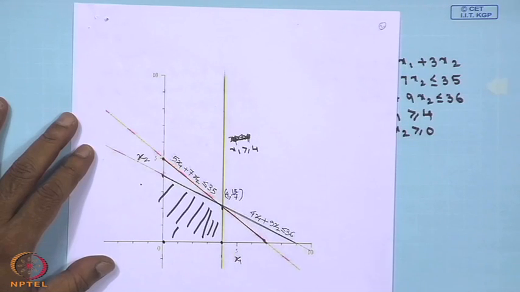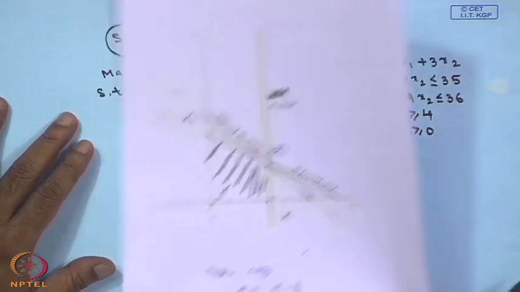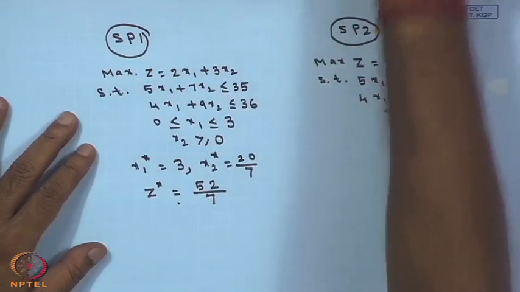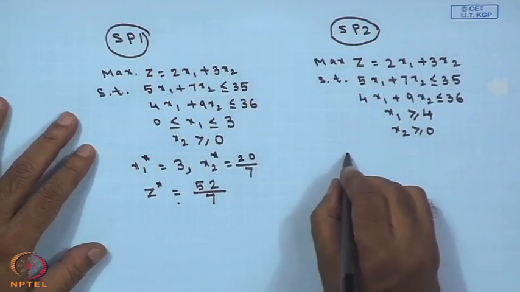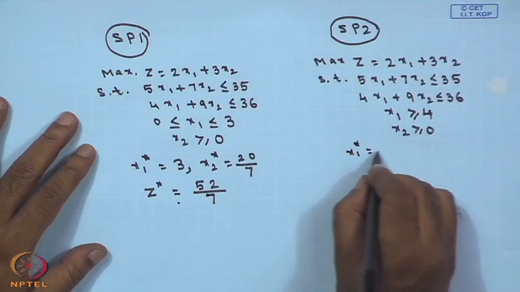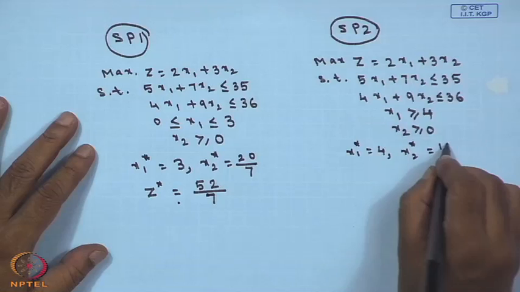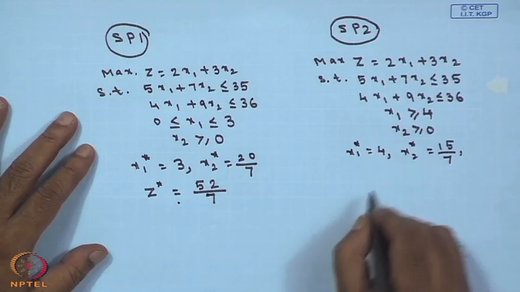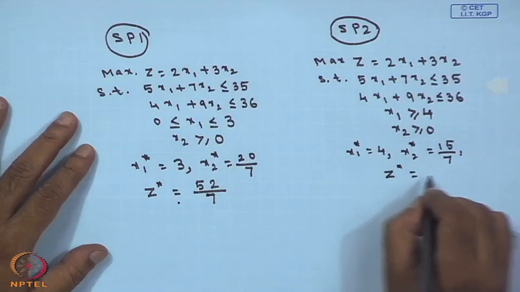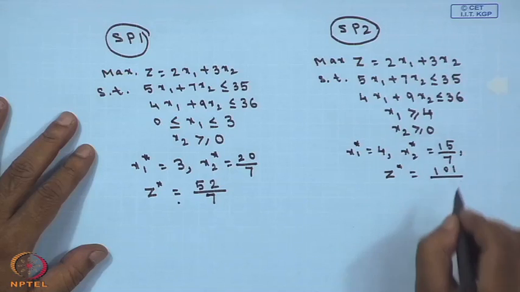So, for SP2, x1 star equals 4, x2 star is 15 by 7 and z star will be 101 by 7.